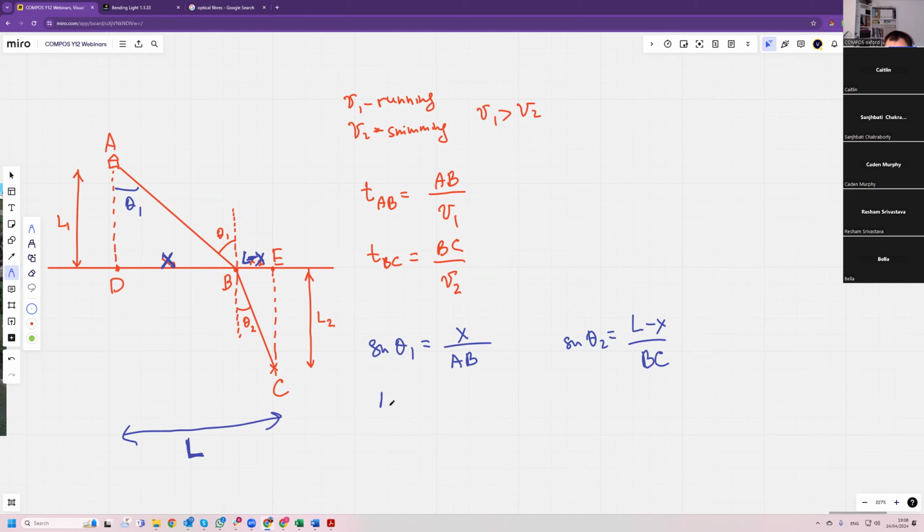So from here, I can write that AB is X divided by sine theta 1, and BC is L minus X over sine theta 2. So the time for AB is X divided by V1 sine theta 1, and this is L minus X over V2 sine theta 2.